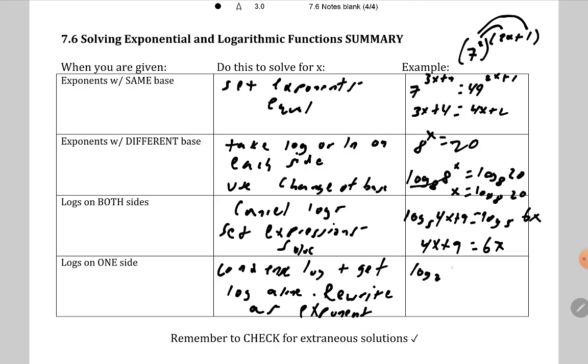So if we had log base 2 of x minus 4 equals 6, we would get the log alone, and then we'd exponentiate both sides, or base 2 both sides. So we have 2 to the log base 2 of x minus 4 equals 2 to the 6. So you would get x minus 4, because those cancel out, equals 2 to the 6, which is 64. And then solve from there.